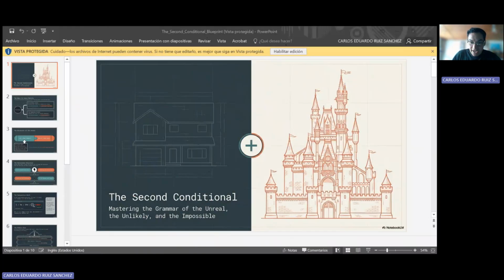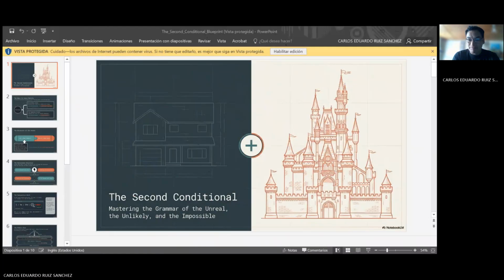Mark's view. If I won the lottery, yes, this is in past tense, I would buy a big house, or I'd buy a big house. He's a dreamer. Mark knows it's just a pipe dream. This is something that could never happen.